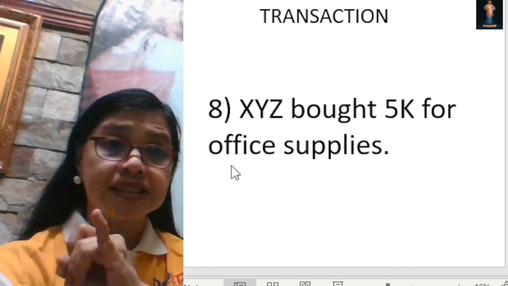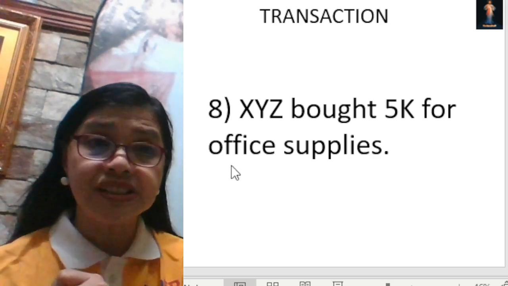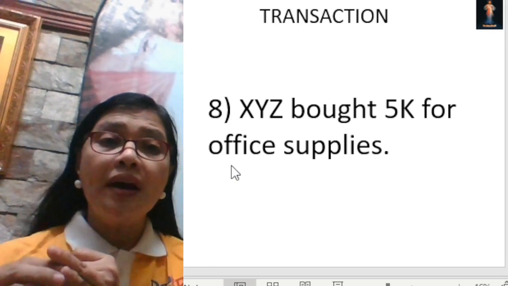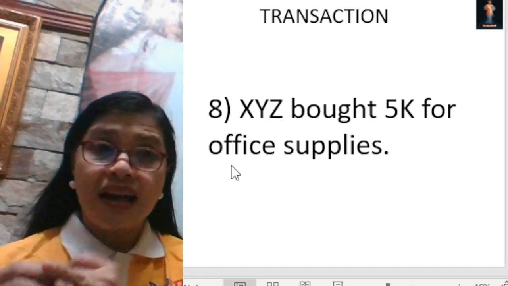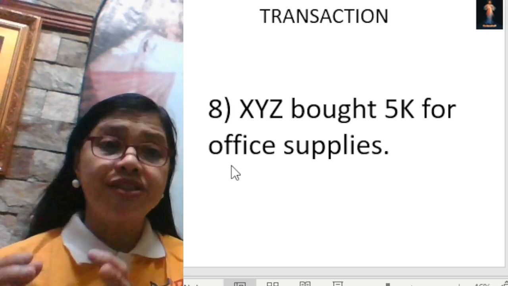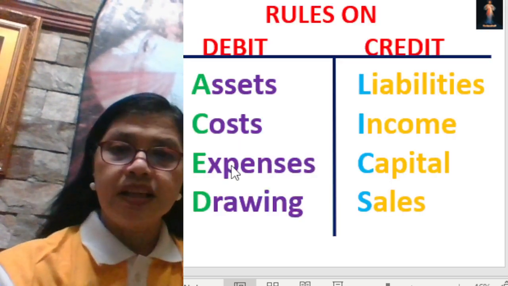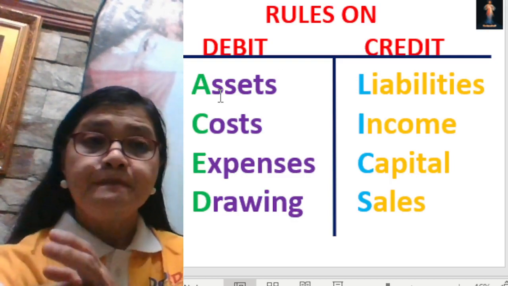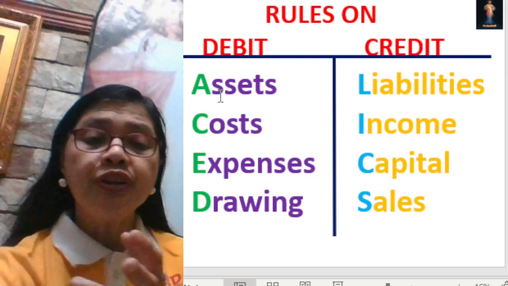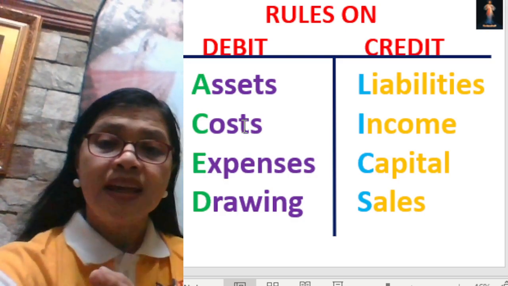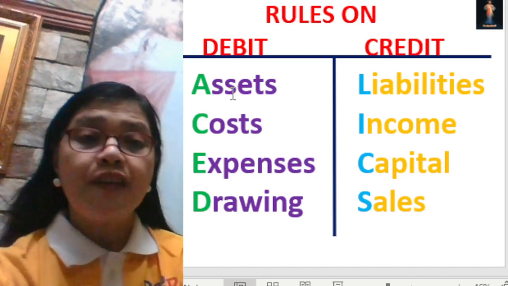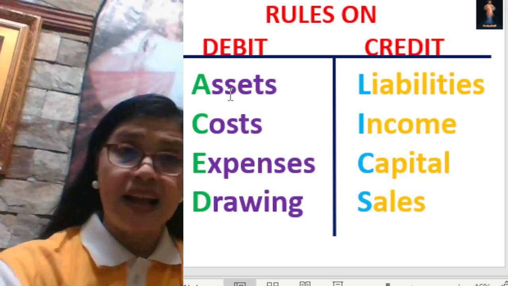Of course, cash, because you need to disburse cash when you buy the office supplies. And number two, you acquired a new form of asset, which is office supplies. Okay, so assets increased due to the addition of office supplies, and then you will also reduce asset when you paid 5,000 in the form of cash.